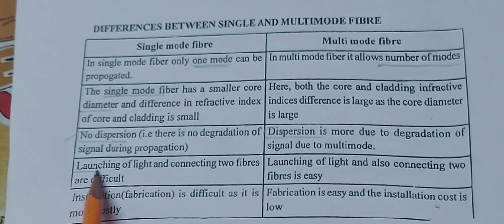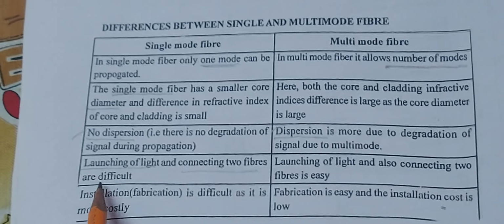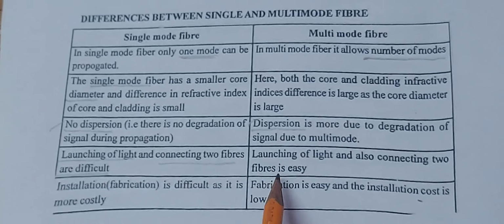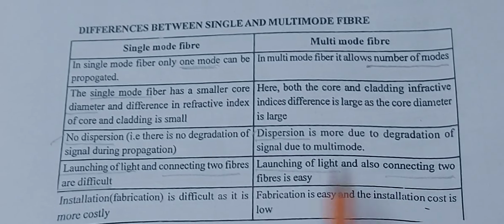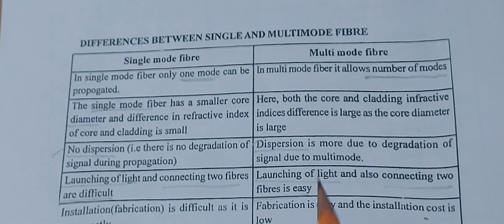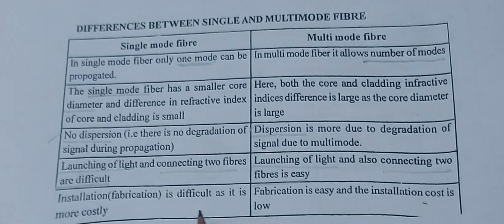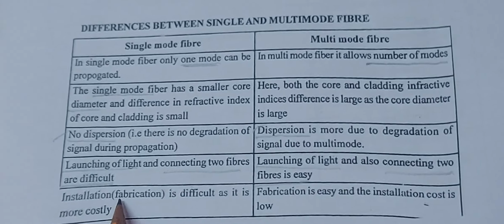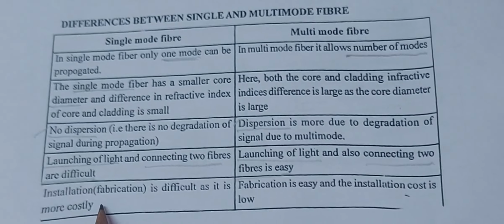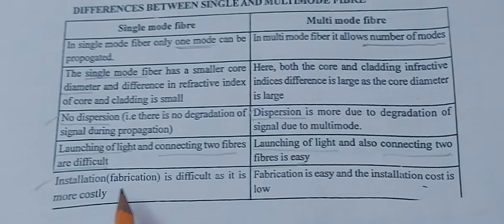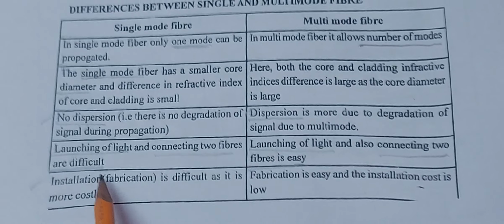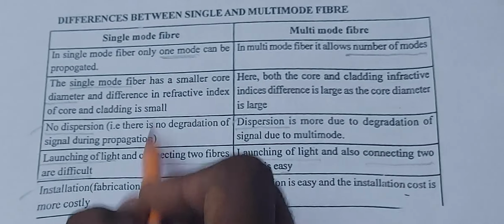In single mode fiber, launching of light and connecting to the fiber is difficult due to the small core diameter. In multi-mode fiber, launching of light and connecting to fiber is easy due to the large diameter of the core. Also, fabrication and manufacturing are very difficult, as well as installation, in the case of single mode fiber.